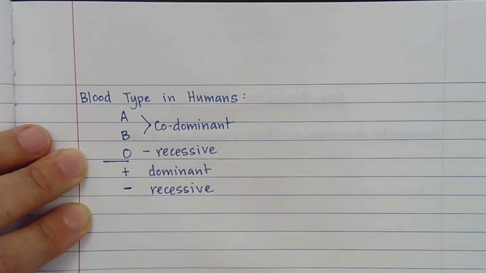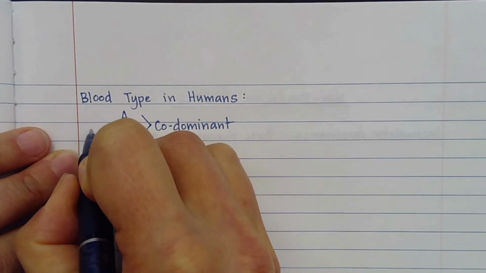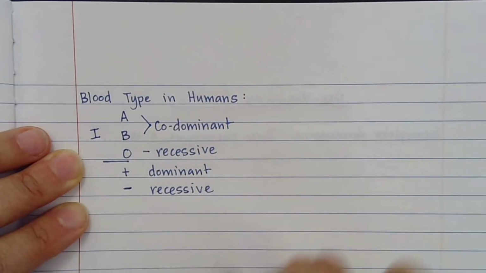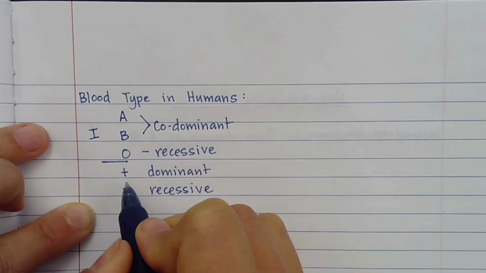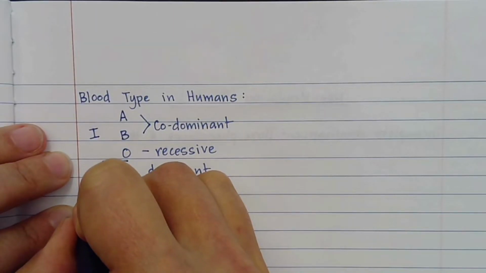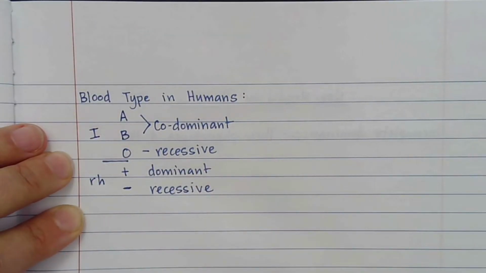So two genes: gene 1, which is an I gene, immunoglobulin, and gene 2, which is an RH factor. So those are the two different genes.